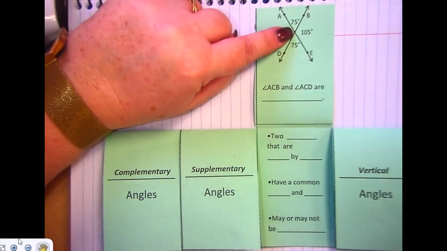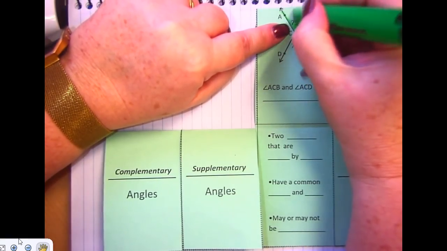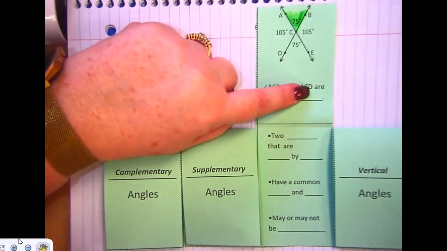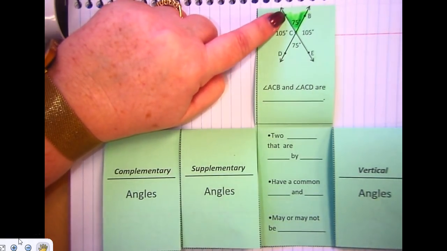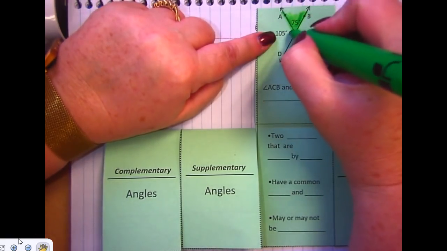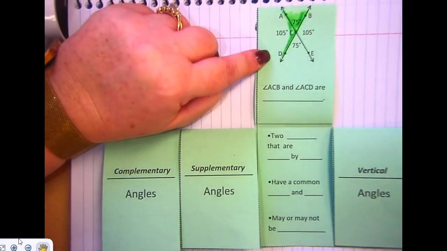That's this angle right here. ACB, and angle ACD. ACD, that's this angle right here. They are next to each other, so that makes them adjacent.